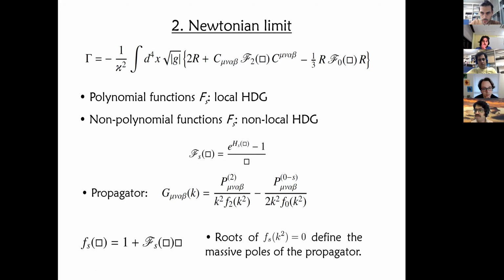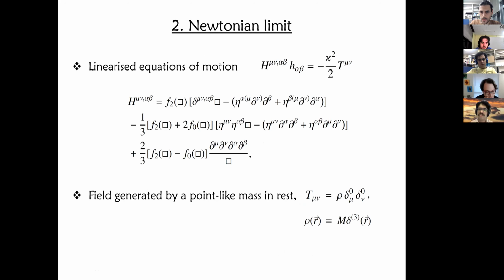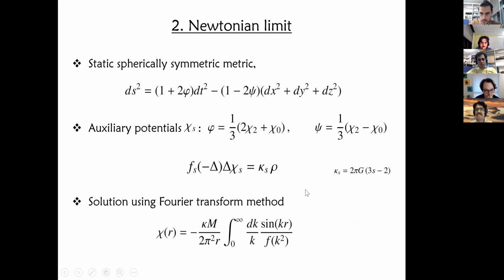So if you have a local theory, you have many degrees of freedom. The equations of motion are these, and what we're going to study is the field generated by a point-like mass at rest. So we will consider a delta source, and we can assume the metric to be static and spherically symmetric, and the solutions are given by these potentials.